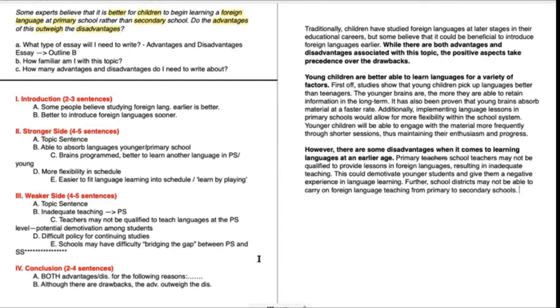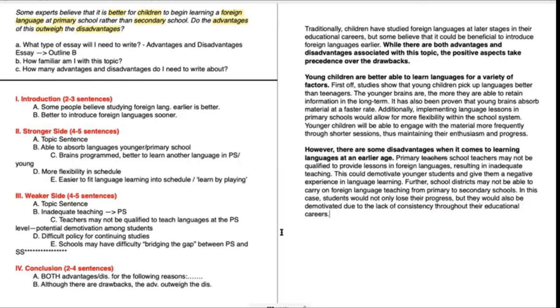And I'm going to talk here about the example. In this case, students would not only lose their progress, but they would also be demotivated. So I'm talking about demotivation again, due to the lack of consistency throughout their educational careers.